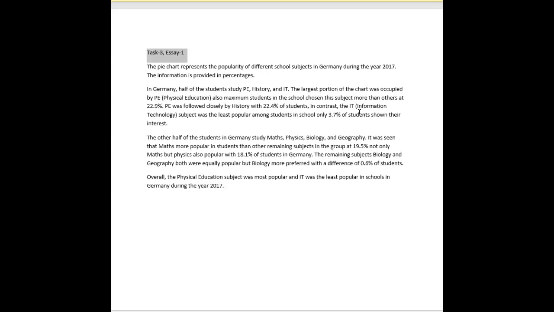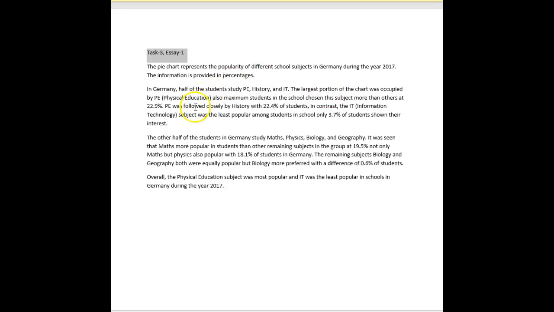So I don't really like that expression because it's not particularly precise. It's not really telling us anything. So I think you could have left that out. How about something like: PE accounted for the largest percentage of preference among the German school subjects at 22.9%. That's all you had to say here.